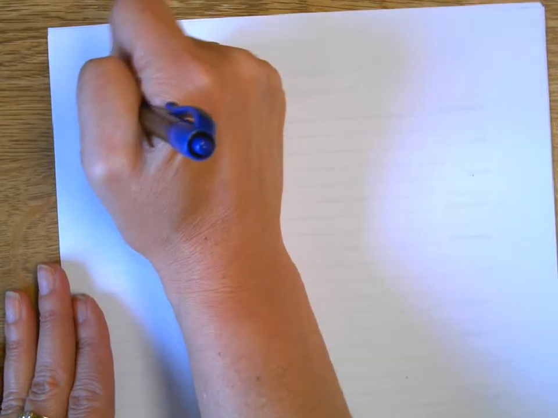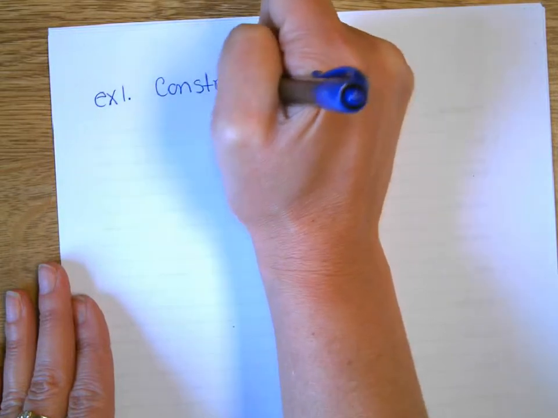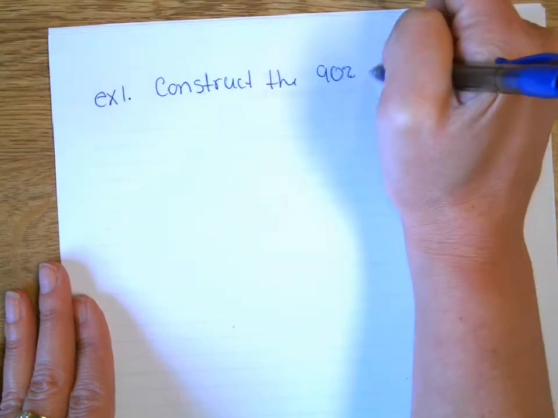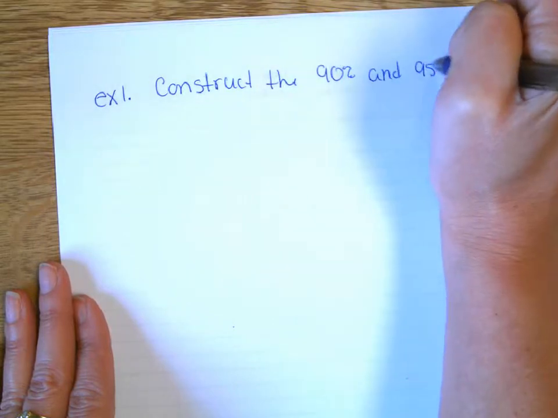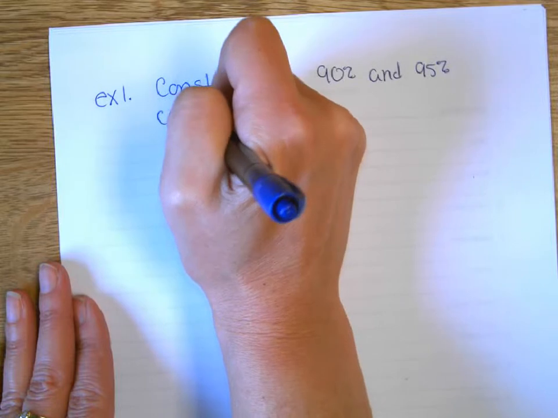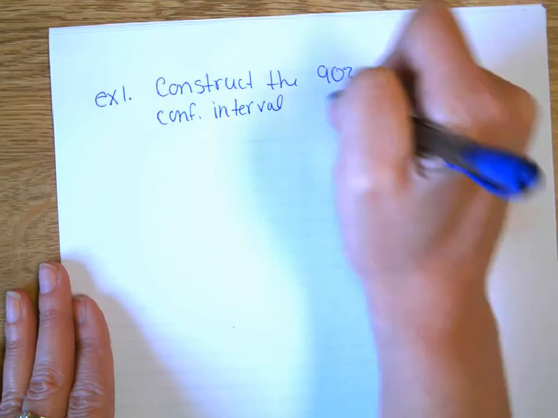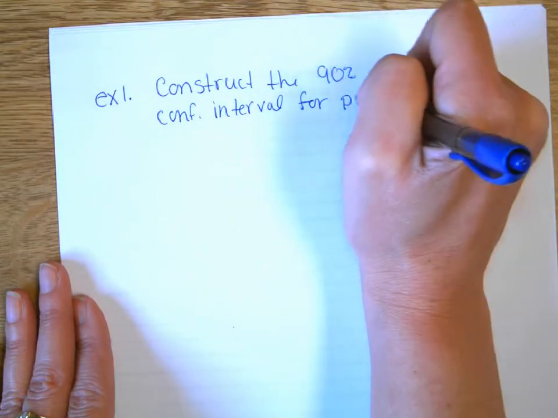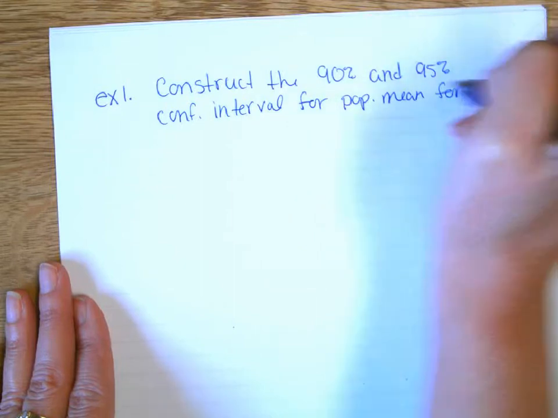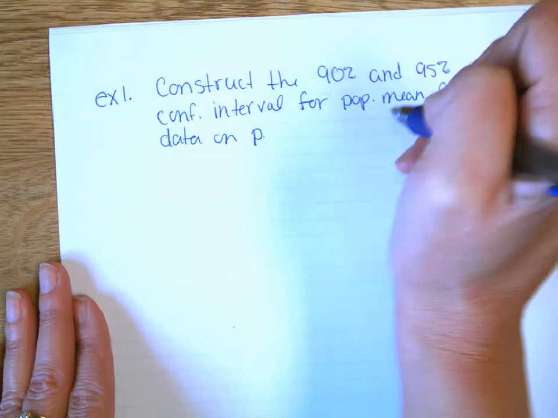So, number 1. We want to construct the 90% and 95% confidence interval for the population mean for the data on page 252.